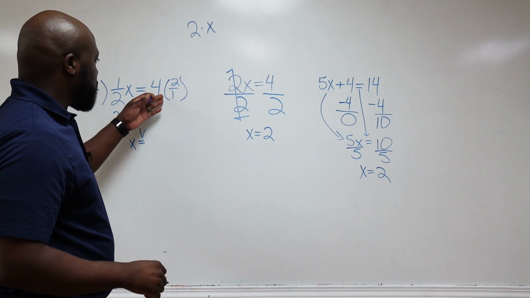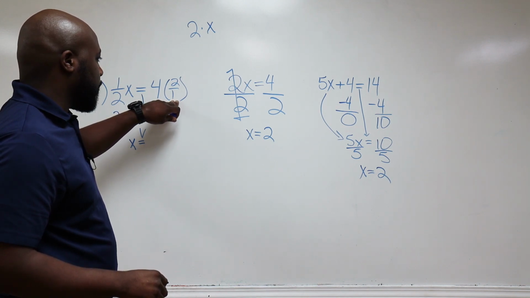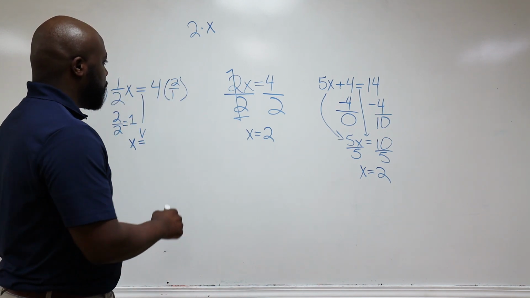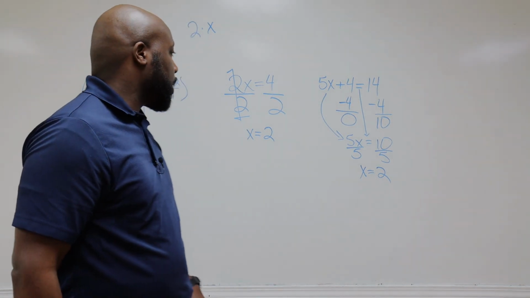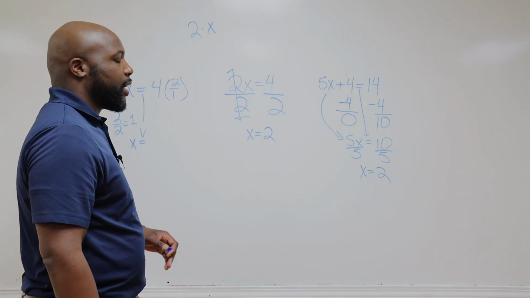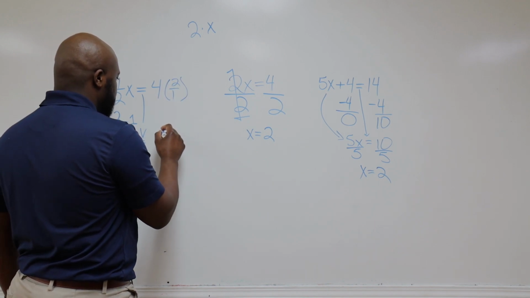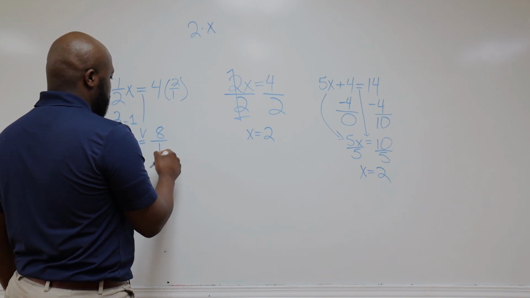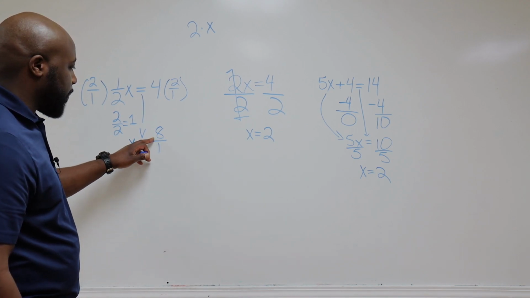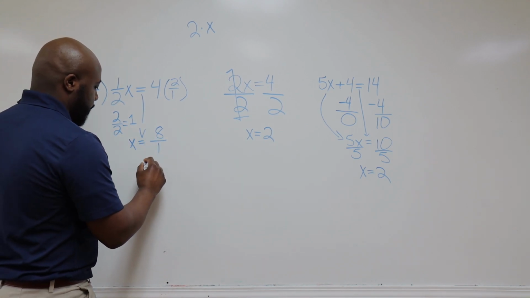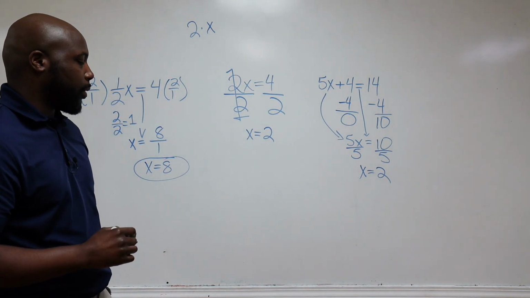Well, when we multiply a number times a fraction with the number 1 at the bottom, we have 4 times 2 divided by 1. When you multiply or divide by the number 1, it's going to equal whatever that number is. So 4 times 2 is 8, and 8 over 1 is left. Well, 8 divided by 1 is simply the number 8. So x is equal to 8, and that's our solution for the problem.